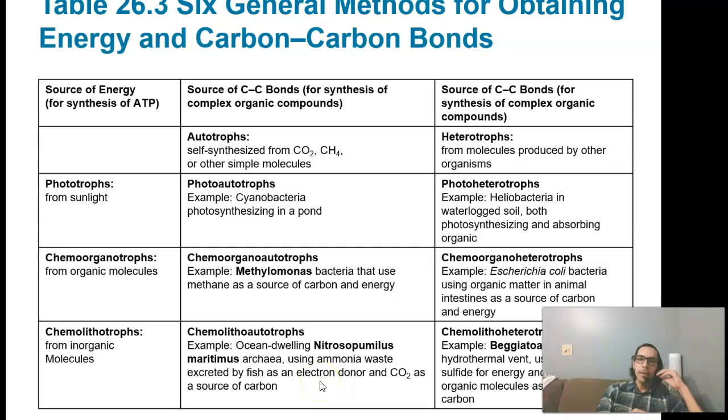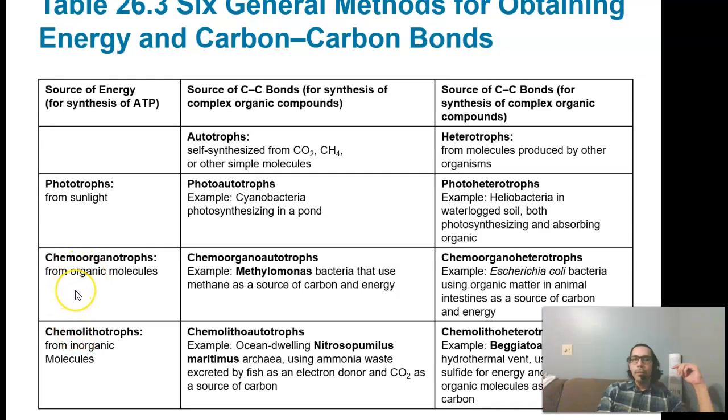First we want to determine what is the source of ATP. Here they're saying that the source of ATP is ammonia. If the source of ATP is ammonia, that's a chemical. So we know that it's going to be a chemotroph.